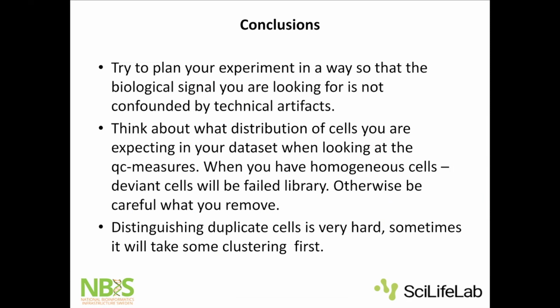Do you expect one single cell type with uniform distributions, or do you have heterogeneous cell types? And to remove doublets, we can always run predictions, but we will never get rid of all doublets. So be a bit cautious about how many cells you load.